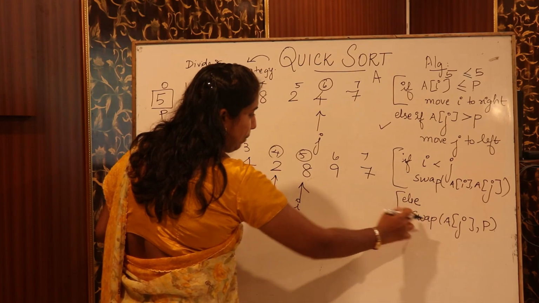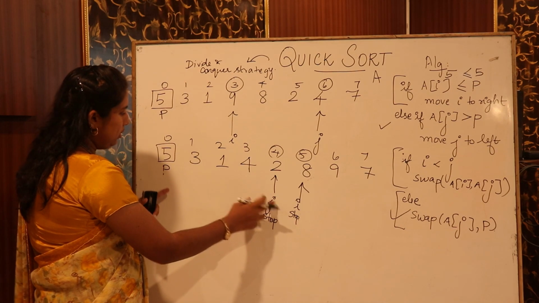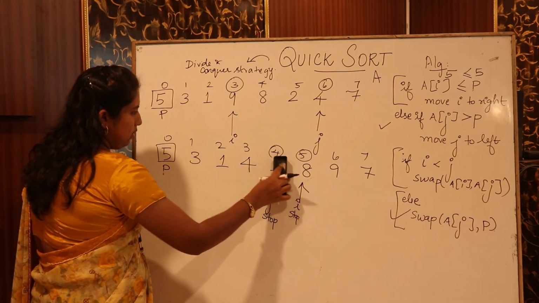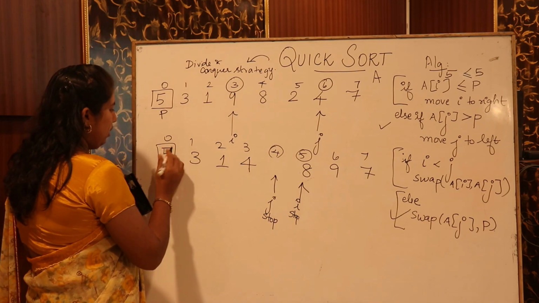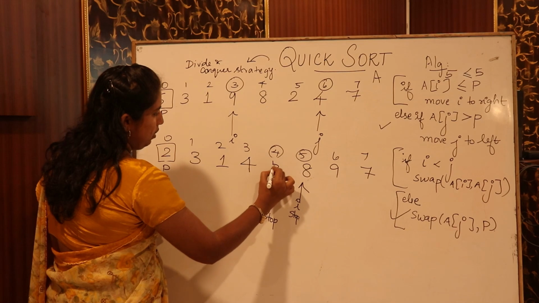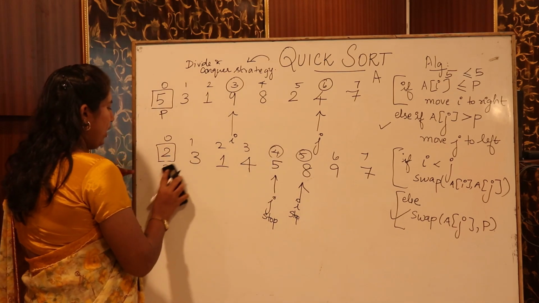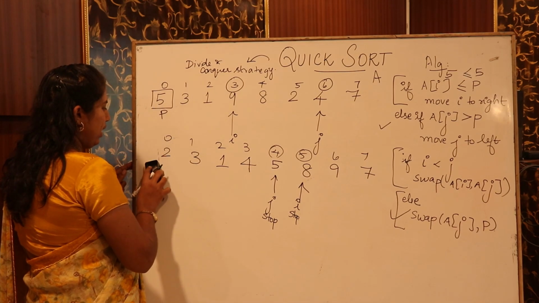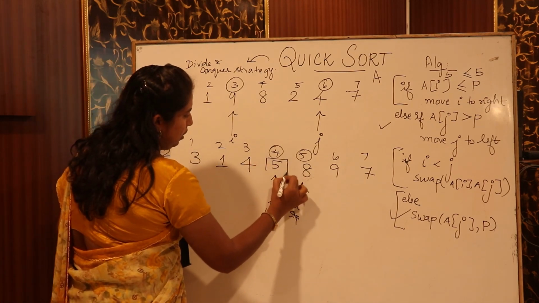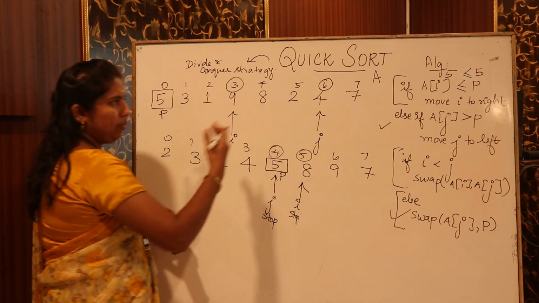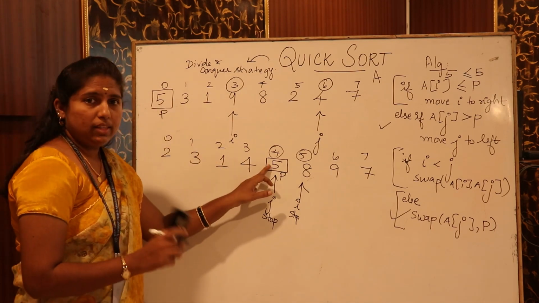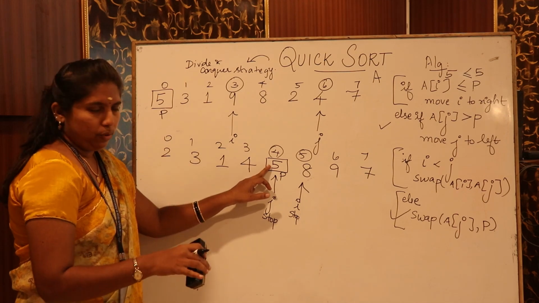So I will be swapping A of j with this pivot element. So here 2 will be swapped over here and 5 will be coming to this position. Already 5 was the pivot element which we have chosen from the first place. From the first we have chosen this 5 as my pivot element. So 5 will be the pivot throughout the entire process.